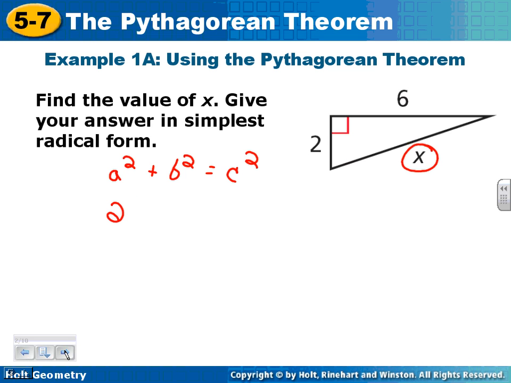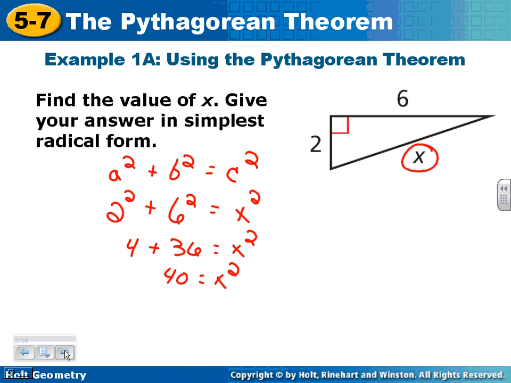I'm going to start 2 squared and then plus 6 squared, but my x has to be in place of the C. The x has to be the C. So now I can figure this out. 2 squared is 4. 6 squared is 36. Add those together to make 40 is x squared.